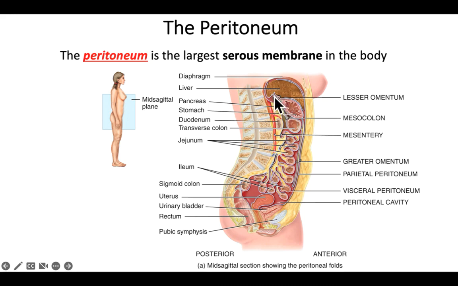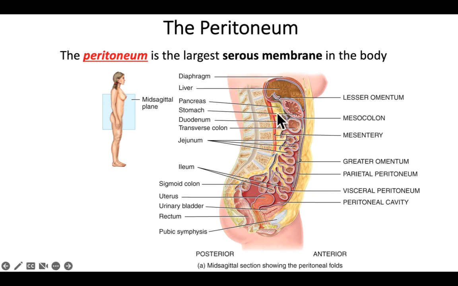All right, so that's part of the peritoneum. So all these greater, lesser omentum, mesentery, and mesocolon are part of the peritoneum used to kind of hold everything in place. If you're an organ that's behind this peritoneal cavity, we call you retroperitoneal.